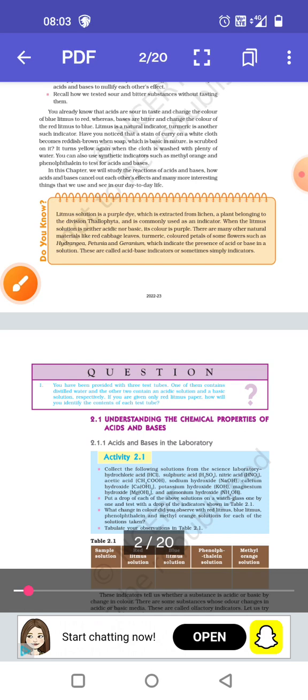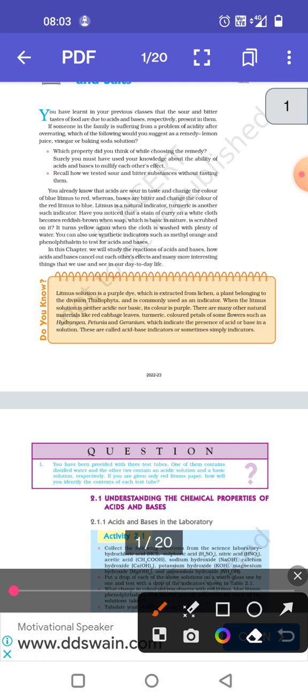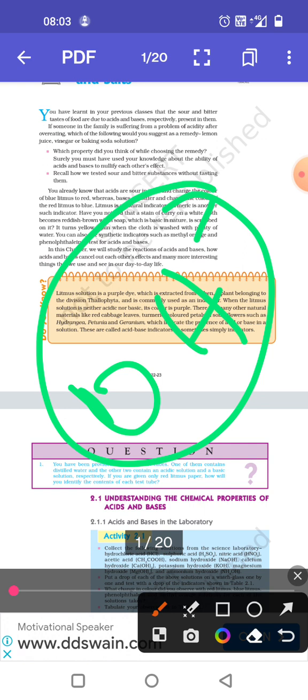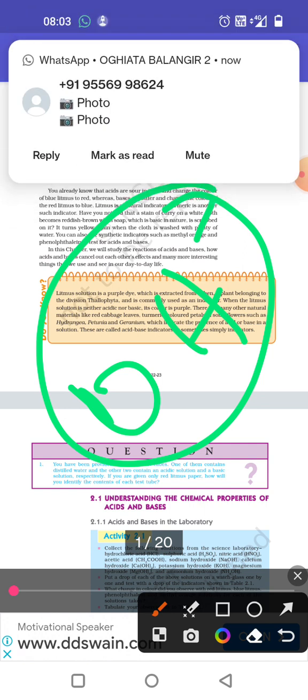Similarly, those chemicals that dissolve in water to release OH minus ions, they are bases. Dissolves in water means they are in aqueous solution.